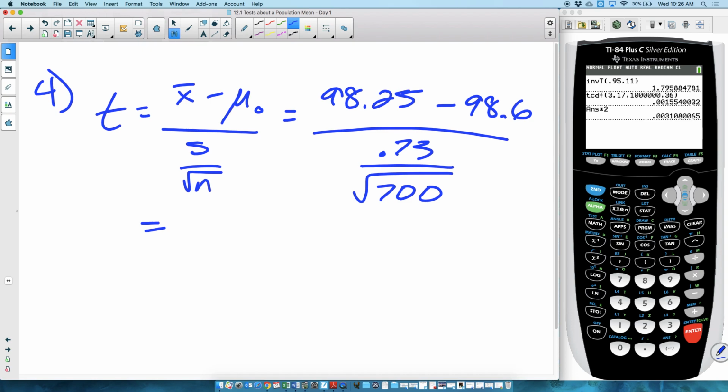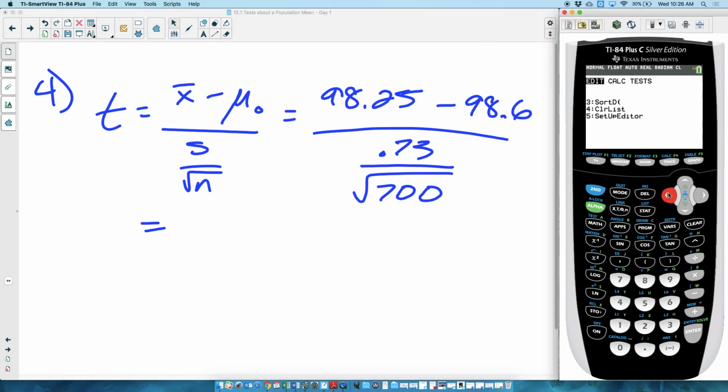And then you can do this math longhand with your calculator, or you can go into your tests. So if I want to do this in my calculator with the tests, I go into stat, over to tests. This is a T test number 2. It asks, do you have actual data or do you just have statistics? We have stats.